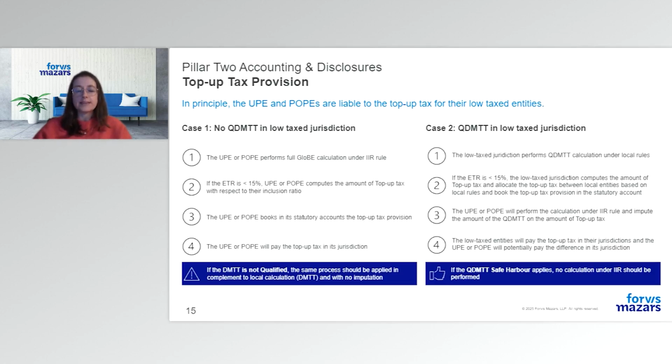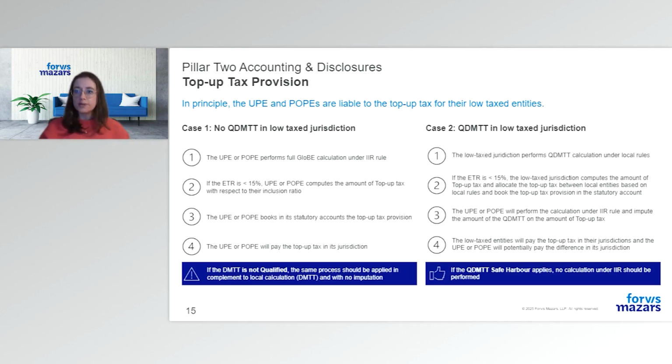In this case, the UPE or the POPE will perform a full GloBE calculation under the income inclusion rule. And if the effective tax rate is under 15%, the UPE or the POPE will compute the amount of top-up tax with respect to their inclusion ratio, meaning the ratio of participations held in low tax constituent entities.